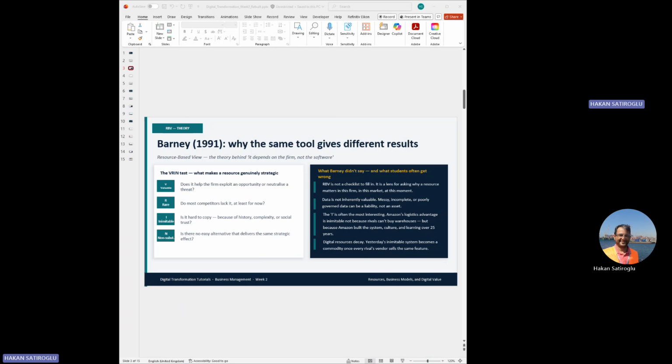The value depends on what the firm already has around it, such as skills, routines, maybe culture, leadership, data quality, trust between team members, and the ability to actually use the tool well. Maybe they didn't understand the technology, or they felt it was complex. So these are the things.